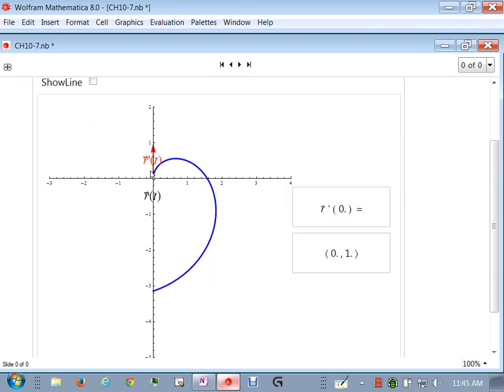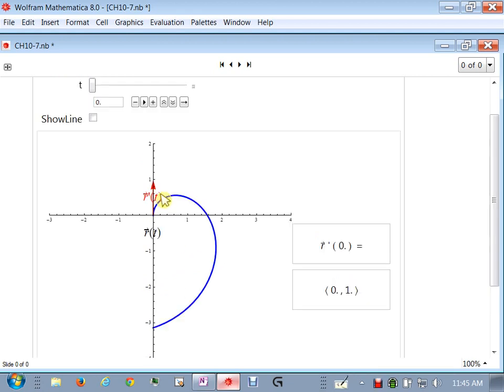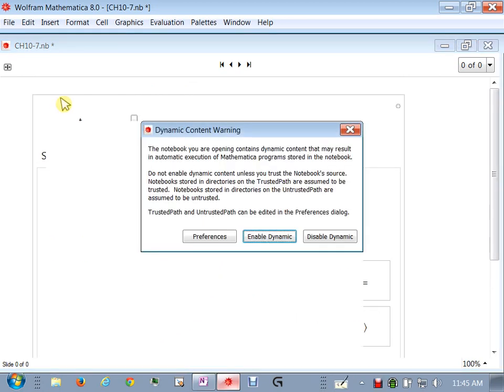So that's why it's drawing the circle counterclockwise. The radius is getting bigger, right? And we want to know at exactly a certain point in time. Do you see my tangent vector, my red one here? That's our derivative, okay? We want to go to exactly pi over 2, so I can just go in here and put in pi over 2.